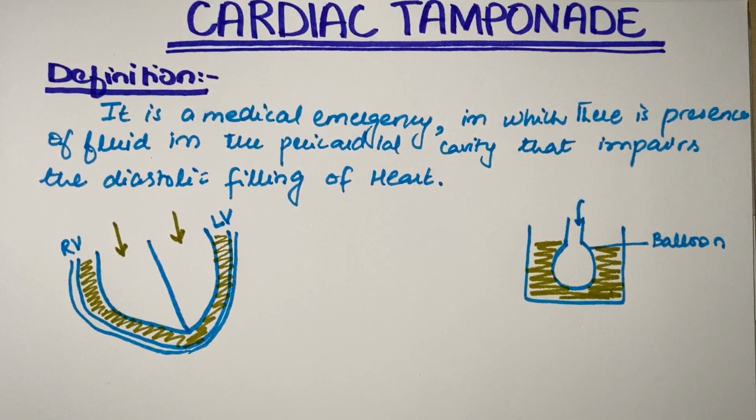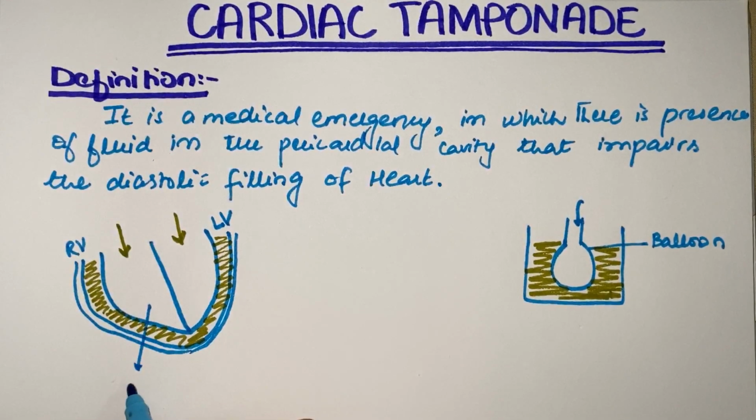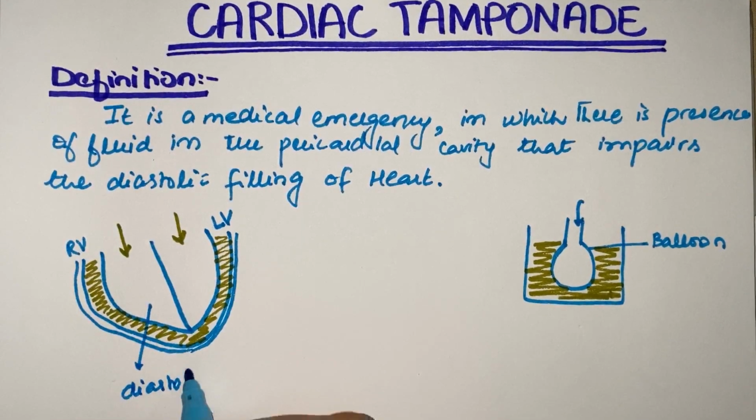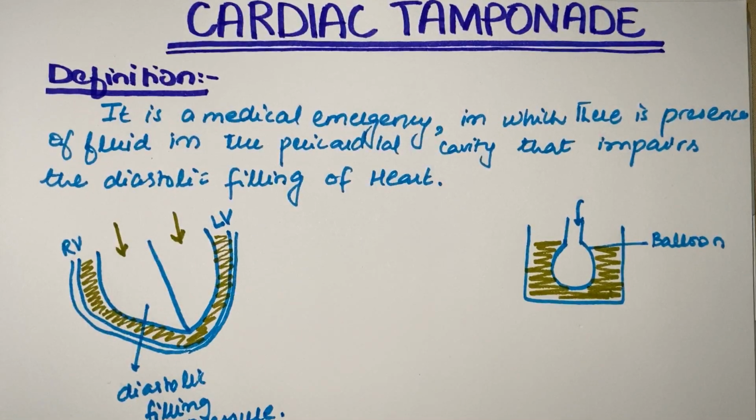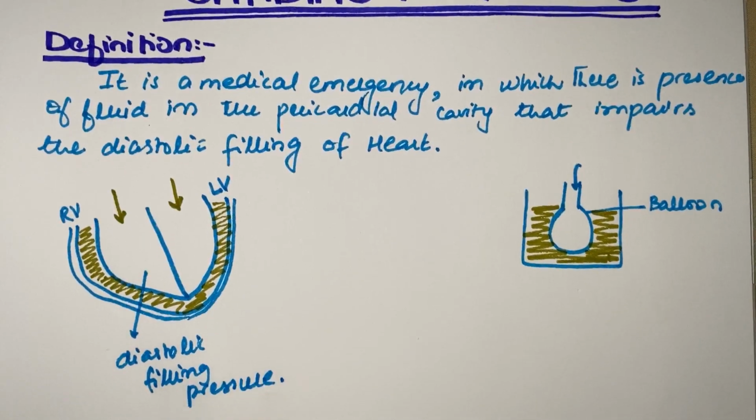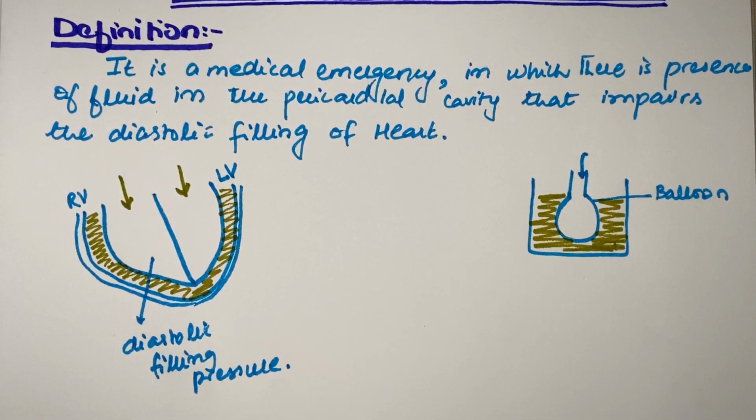So when they are unable to dilate properly and more blood is coming in, the diastolic filling pressure within the chambers is now increased. Why? Because this increased pressure has to be compensated by the dilation of the ventricles, which is not occurring properly in this disease.